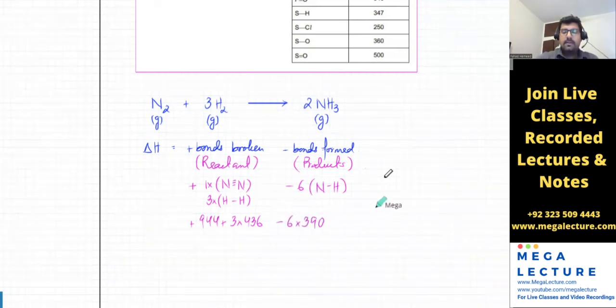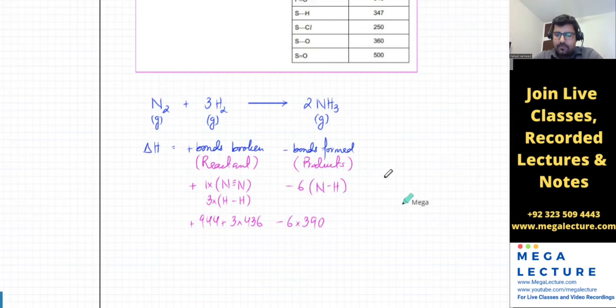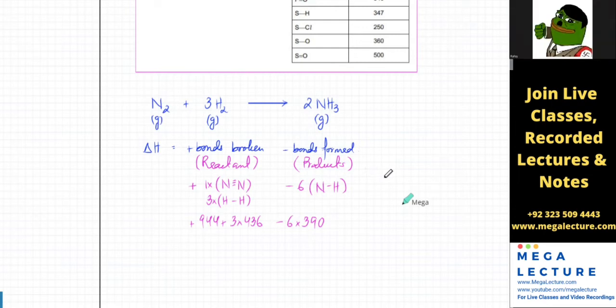So can anyone tell me what the answer is for this? What do we get for this? Minus 88.